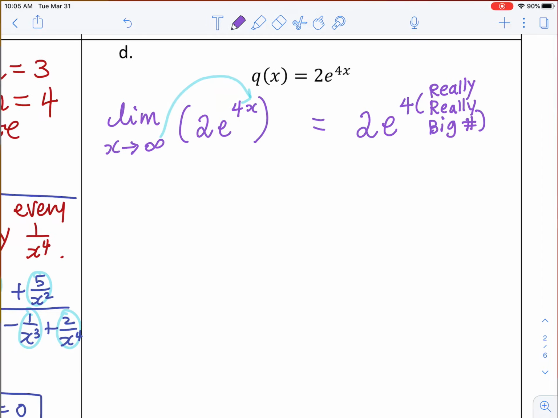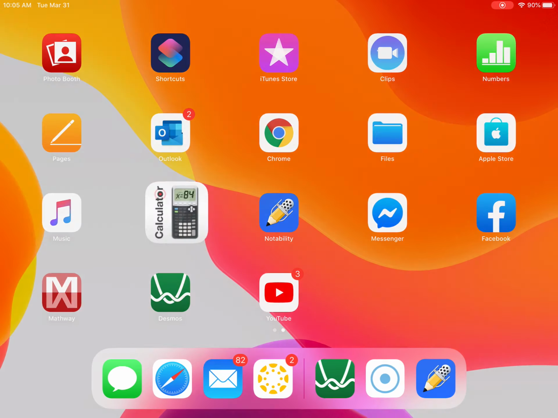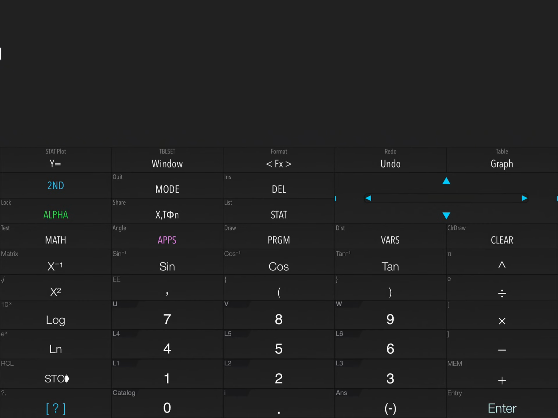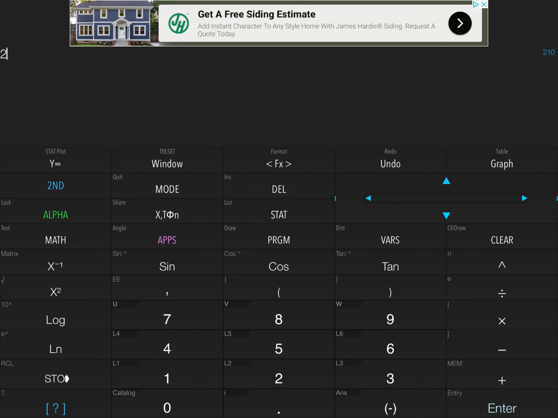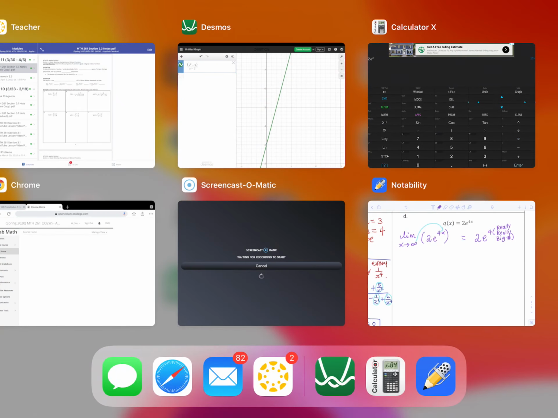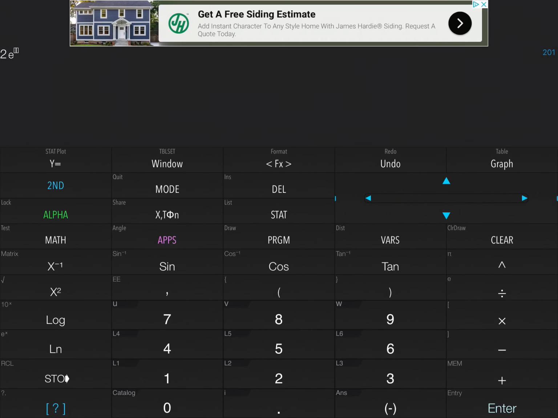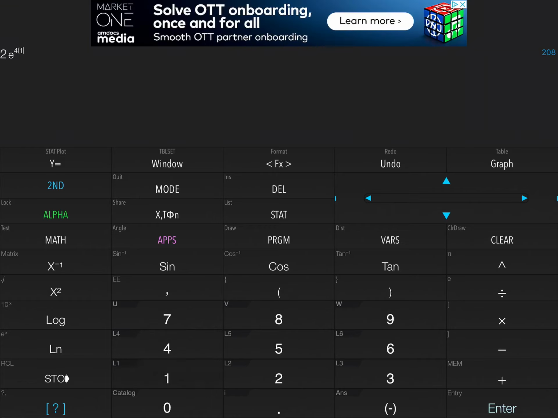Let me use my calculator to figure this out. 2 times e to the, we don't really need a calculator for this, but let's try it. What if we do 2 times e to the, oh dear, I forgot what the number was. It was 4x. What's a really, really big number that you want to plug in?